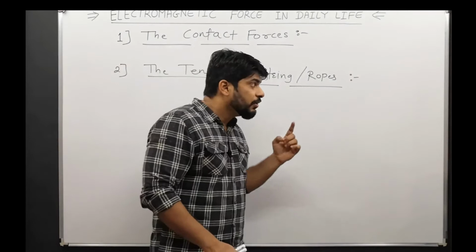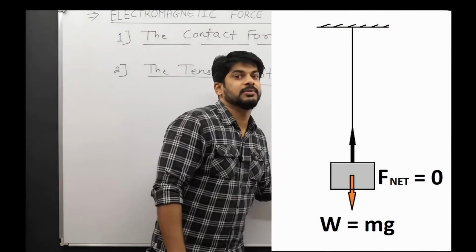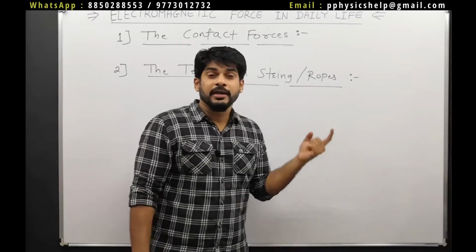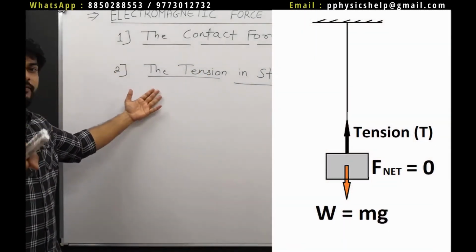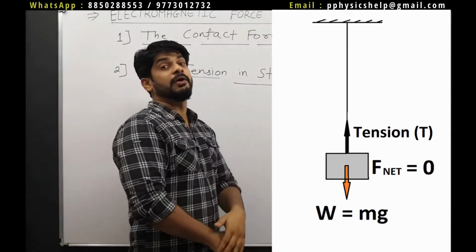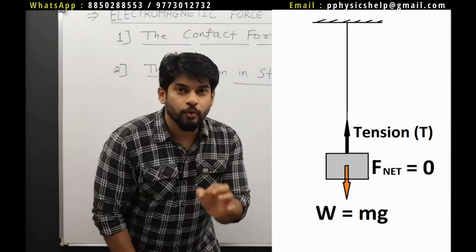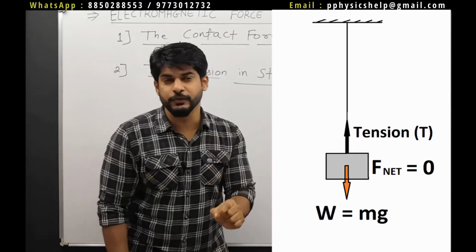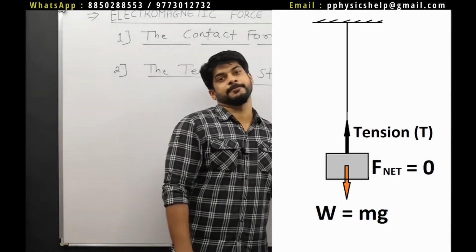There is a force exerted by this string on this block, and this force is nothing but the tension force in the string. Every string exerts some force called the tension force on any object tied to it.